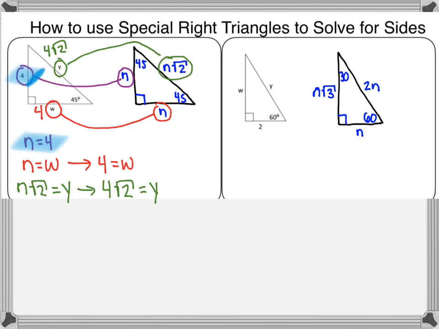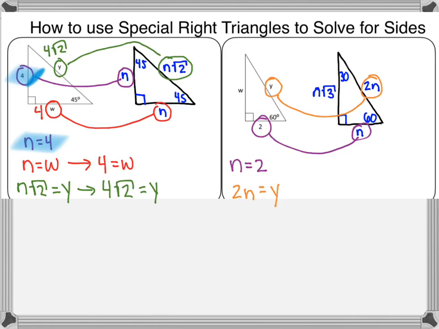Okay, so I have 2 and n right here, so I got n equals 2. Then I have y equals 2n, so 2n equals y.